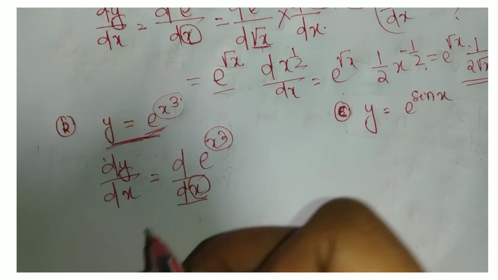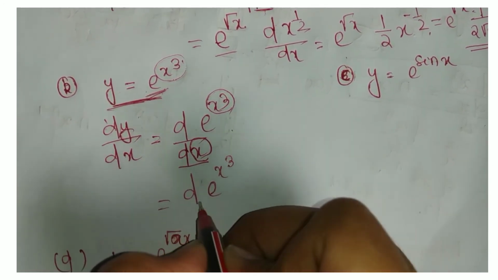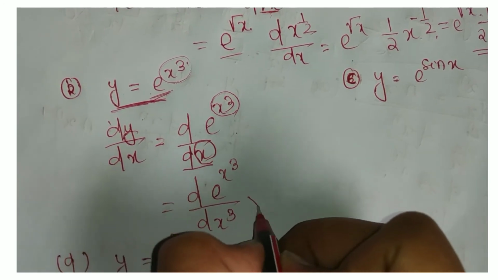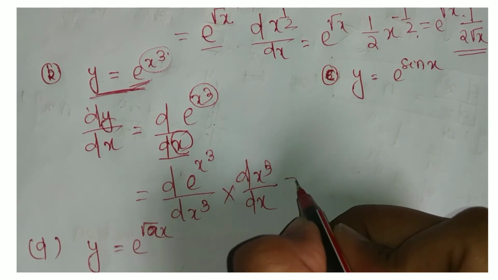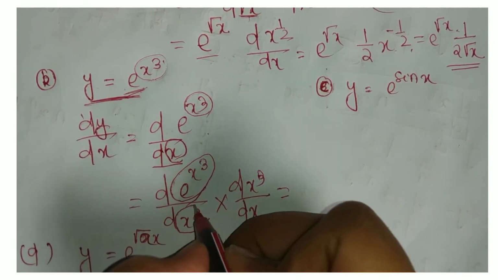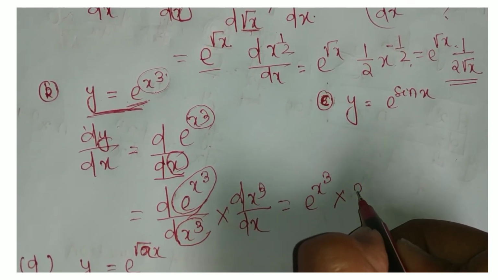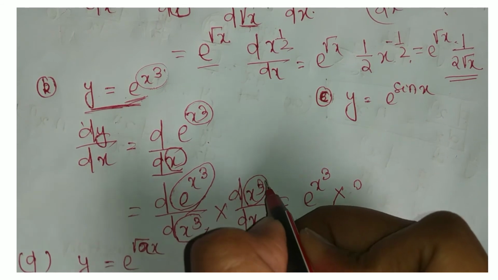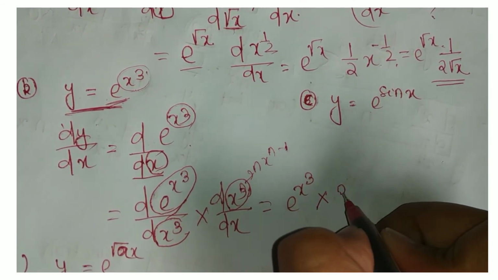So the derivative of e to the power x cube by d x cube, into d x cube by dx. Here we know this formula: e to the power x cube into, this formula is n into x to the power n minus 1, that is 3 x to the power 2.